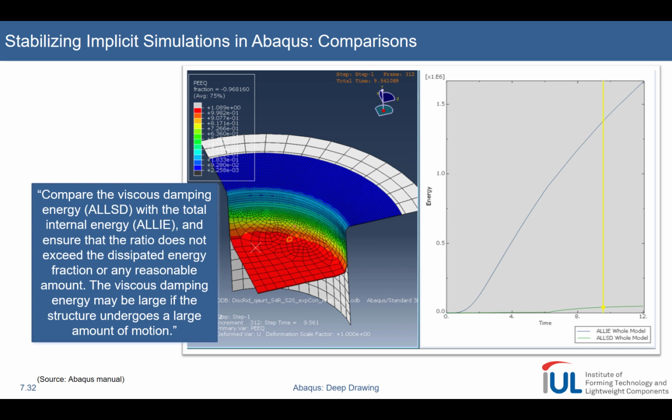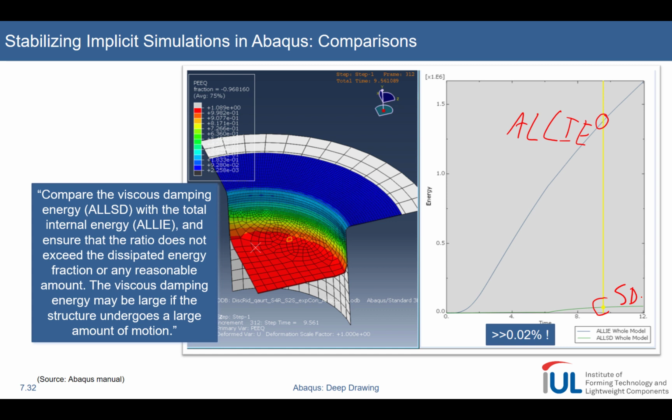I've plotted these two values here on the right, and for the time step we see here, the internal energy is the one at the top, so ALLIE is the internal energy, and this is the viscous damping energy. And remember, we used our default values where we specified the fraction of the viscous damping energy to be below 0.02%.